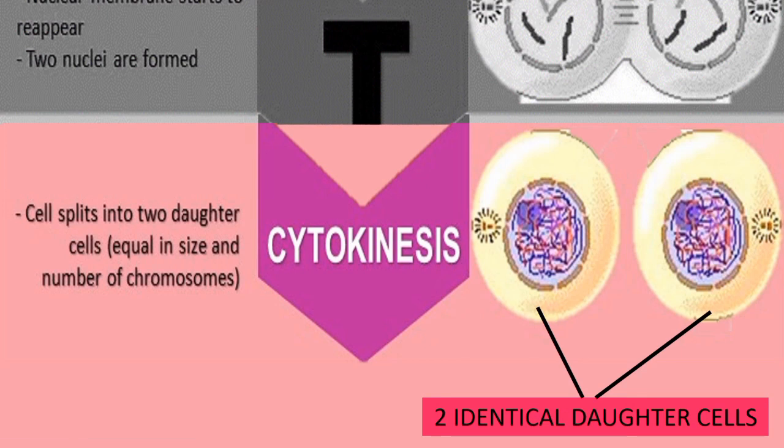We now have cytokinesis. Cytokinesis follows the telophase, wherein it is a process by which the cell splits into two identical daughter cells. Identical in such a way that the daughter cells contain an equal number of chromosomes.